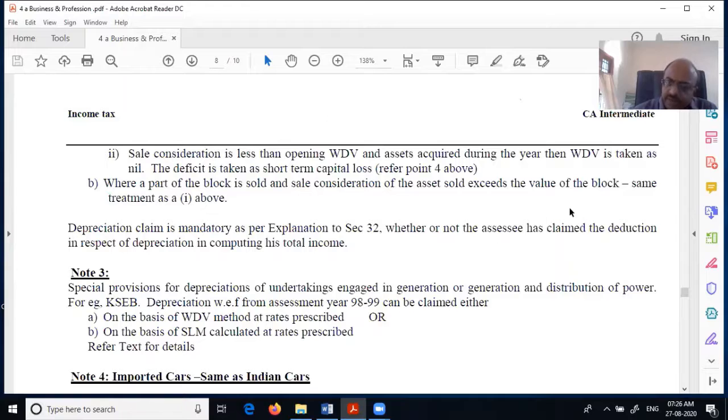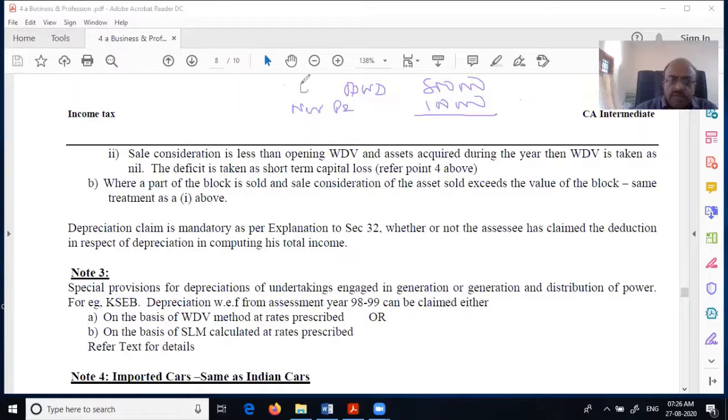Suppose you have sold the entire block. So in this case, again, let us imagine the same example. Your opening WDV was 8 lakhs. New asset added, new plant and machinery is 1 lakh.